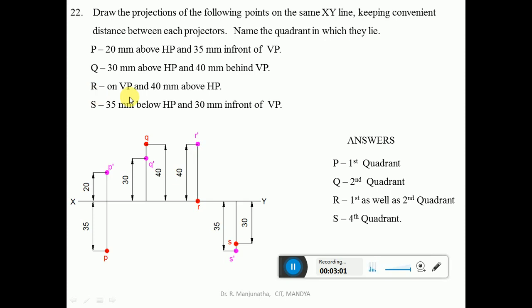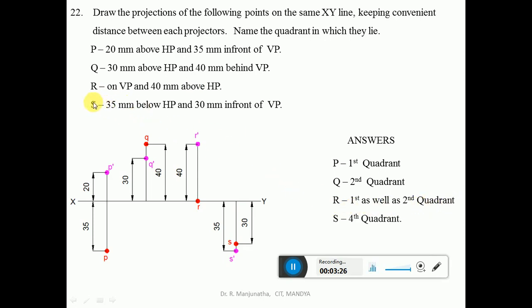On the xy line you mark the point small r, and above HP is seen above the xy line. From here you measure 40 mm and mark this point, which is R dash. Therefore capital R lies in the first as well as the second quadrant.